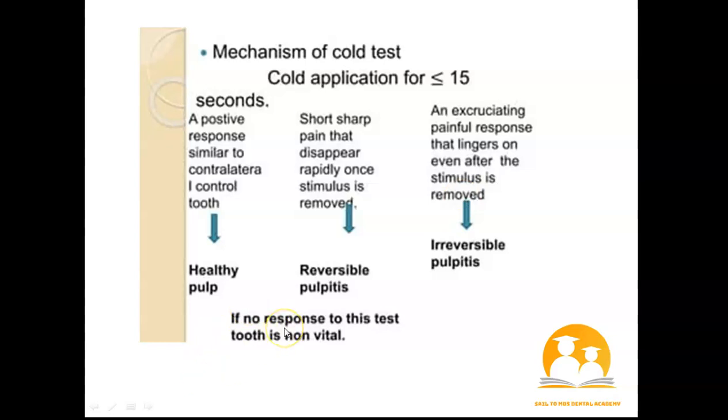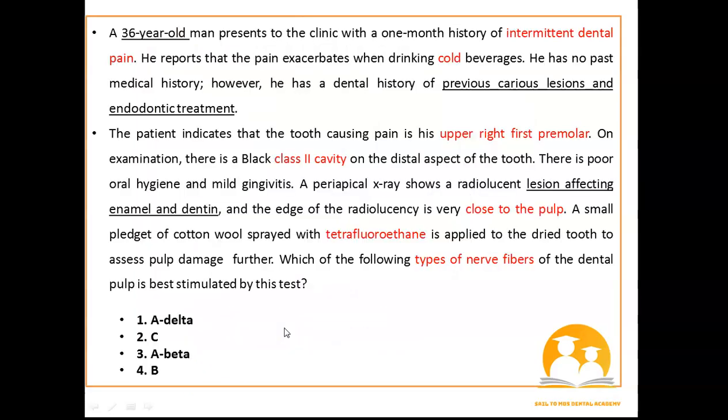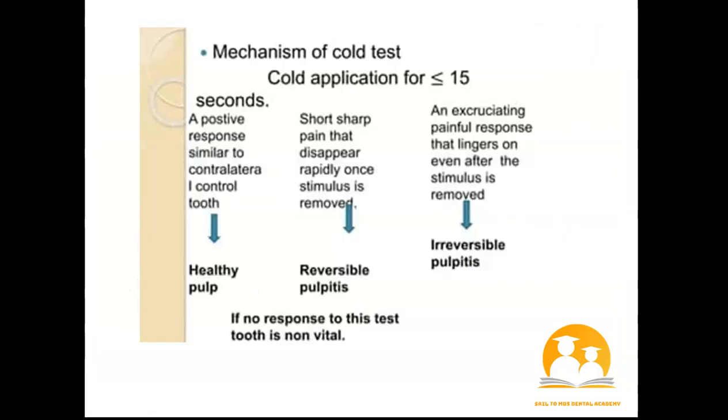If there is no response to this test, the tooth is non-vital. So you can understand from this question, dear student, what the diagnosis was, what type of test was employed, and which type of nerve fibers get stimulated by the cold test.